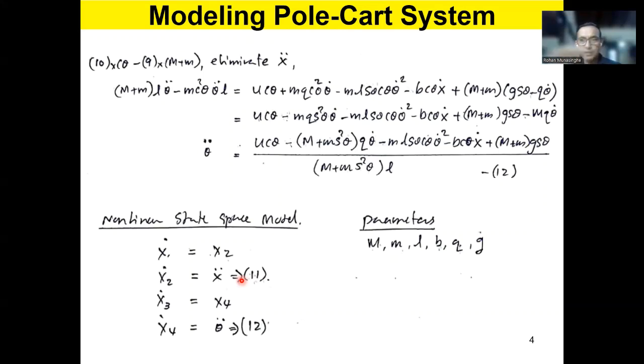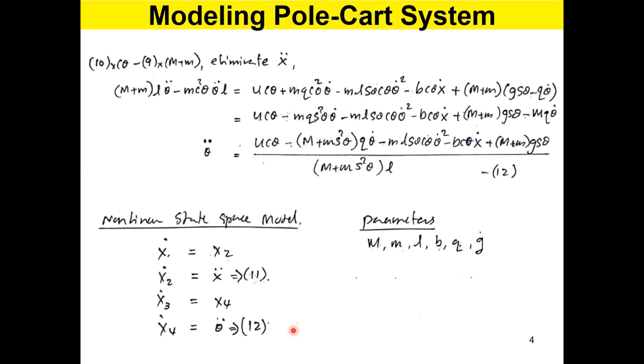So x1 is the position. So x1, x2, x3, x4, like in any state space model, x1 is the linear motion of the cart, x2 is the linear velocity of the cart, and x3 is the angular position of the pole, theta, and x4 is the angular velocity of the pole, right?